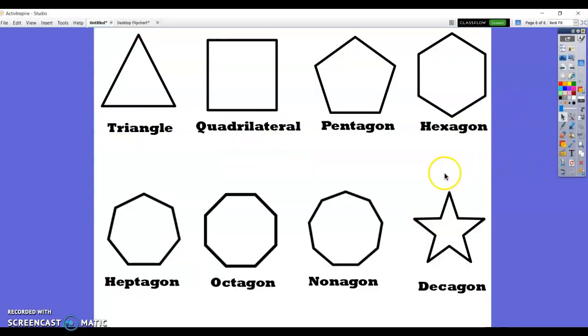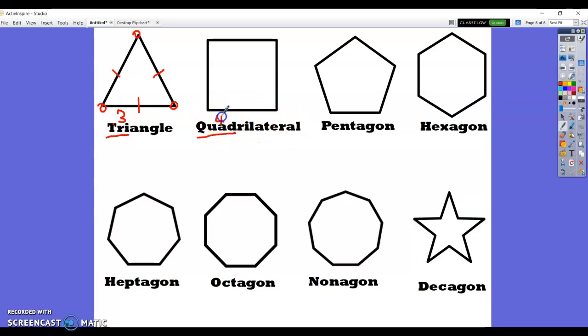Now, let's see different types of two-dimensional figures that we commonly know. The first one is a triangle. Triangle has a prefix tri. Tri means 3. For example, there are 3 wheels on a tricycle. It has 1, 2, 3 vertices, and 1, 2, 3 sides. Quadrilateral.